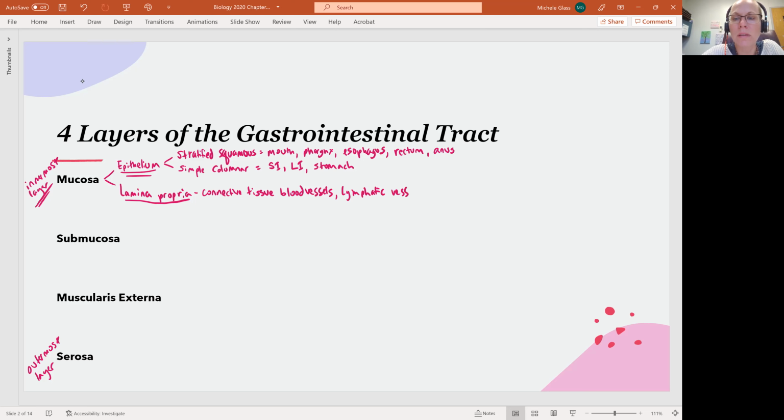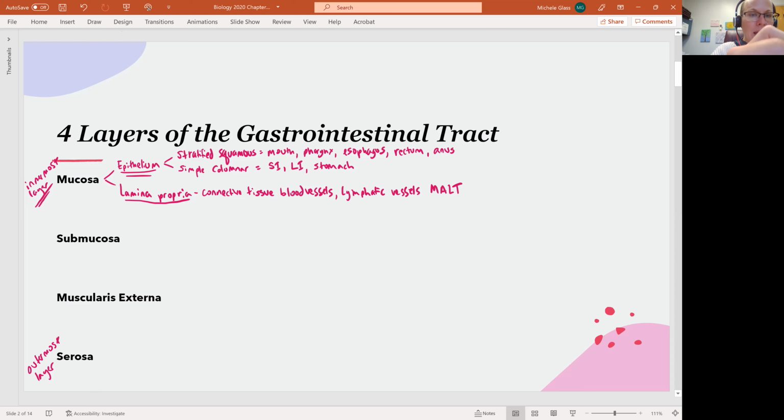MALT, remember, is the mucosa associated lymphoid tissue. And we talked about that as almost being like the star of the show when it comes to the lymphatic system. And then I'm going to, in red, list out my muscle areas.